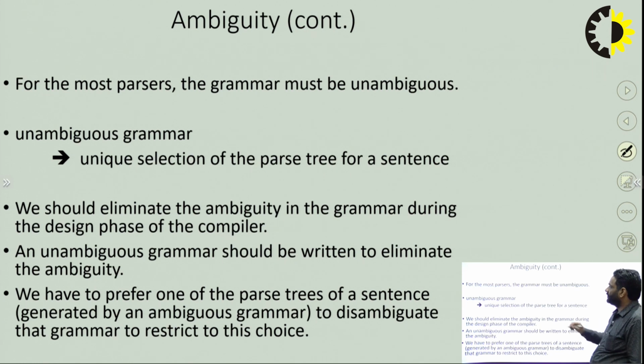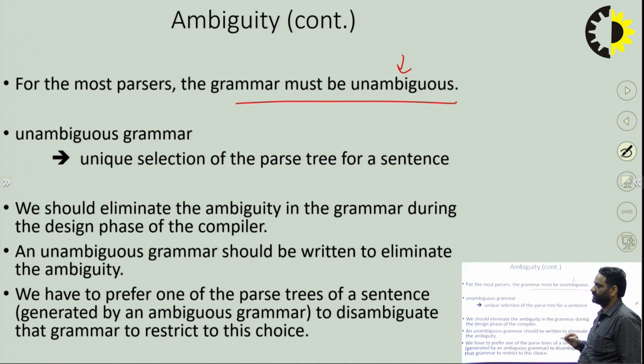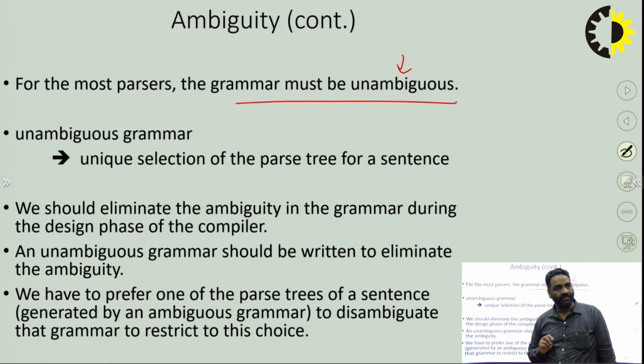For most parsers, the grammar must be unambiguous. Every string must have a unique parse tree. If it does not, that means the grammar is not an unambiguous grammar. But we need an unambiguous grammar for our parser.